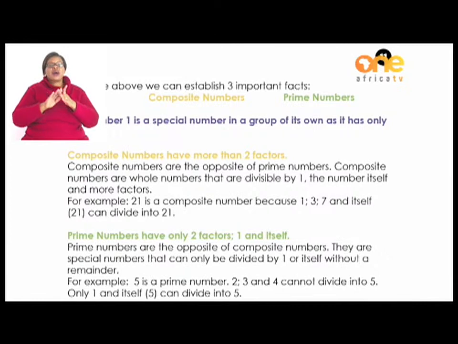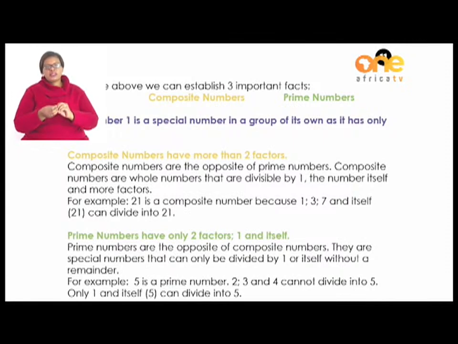Now, let's quickly go to prime numbers. Before we touch on composite numbers, let's just see what they say. What is a prime number? It says there that a prime number only has 2 factors, 1 and itself. It continues to say that prime numbers are the opposite of composite numbers.